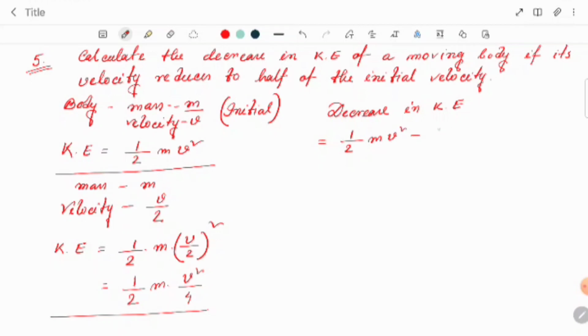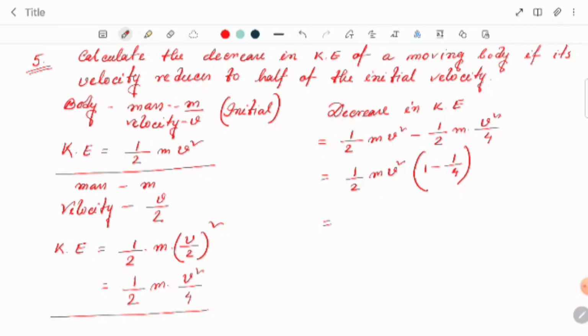Now we are having half m v square by 4. So we take half m v square common, and we get 1 minus 1 by 4.